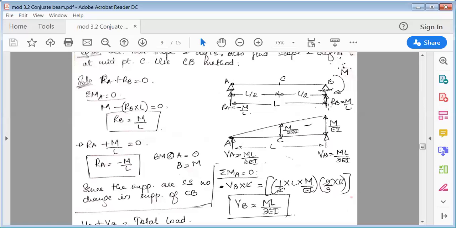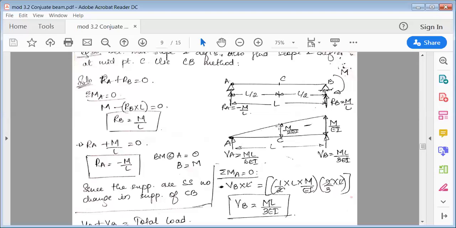If I check to the right, Rb is going anti-clockwise, and on the right side anti-clockwise is positive. So it is M by L into L by 2. L will cancel, so it is M by 2, divided by EI because it is M over EI.